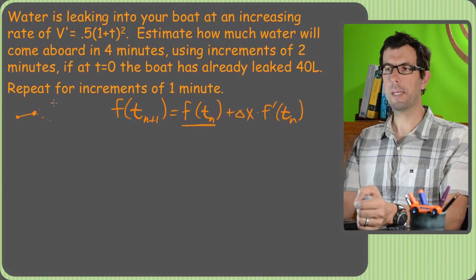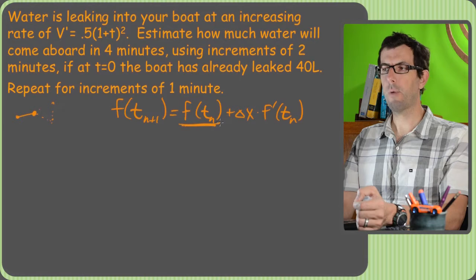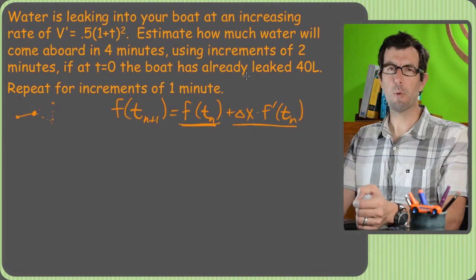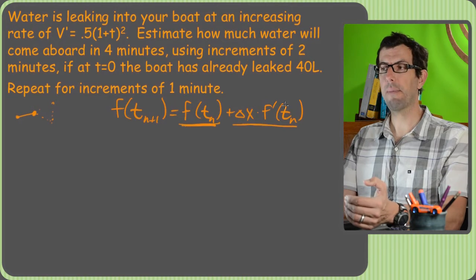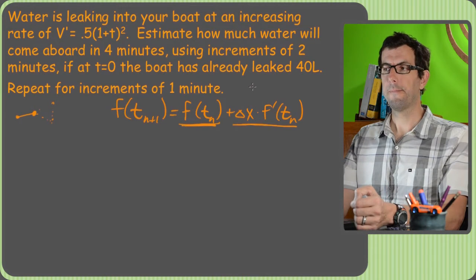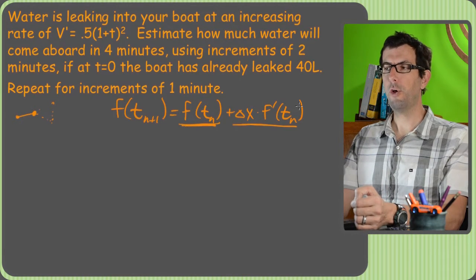So I'll take my current y value and then add a little bit to it or take a little bit away. I'm taking the current y value and adding this portion, which, if you remember y equals mx plus b, is the mx portion. So the slope is f prime.